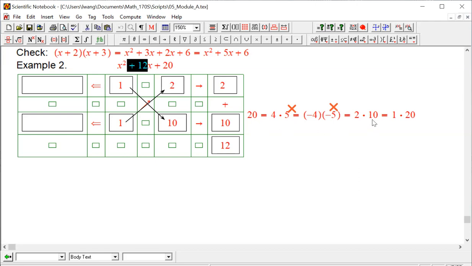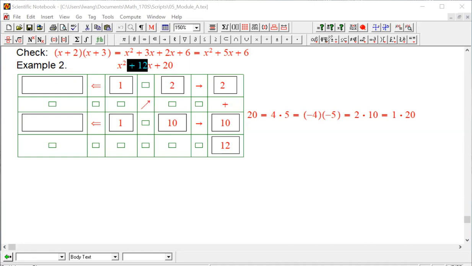So you can see this process is trial and error. Until we find this perfect match, we got it. So we don't have to try the rest of these other options, and we can start to compose our factors.